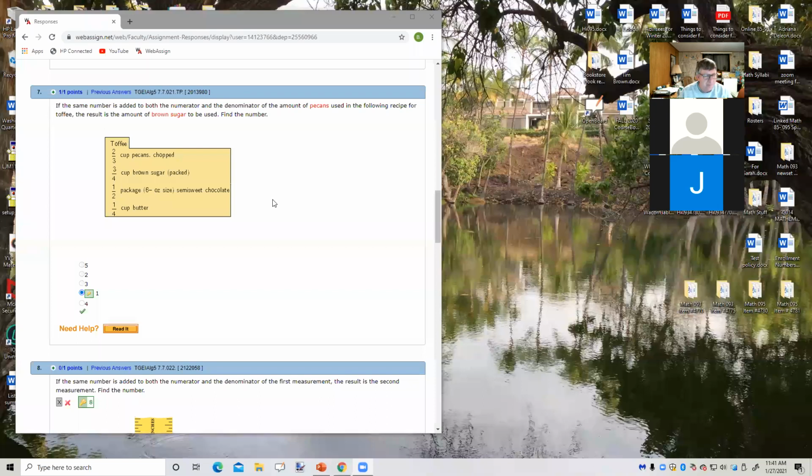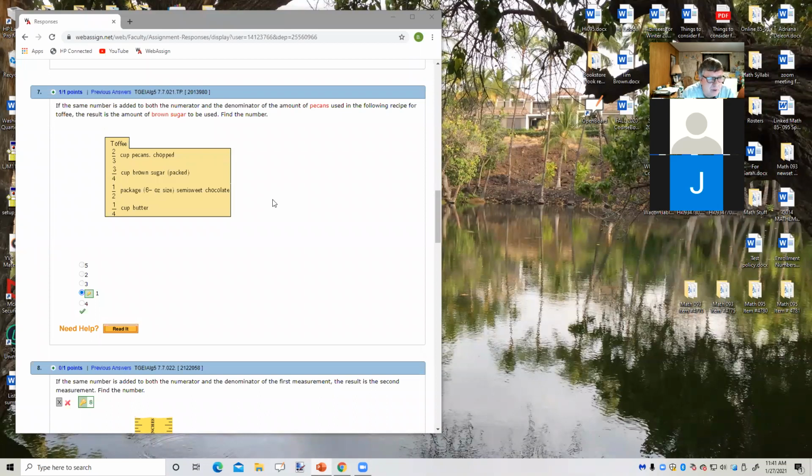All right, number 7. It says, if the same number is added to both the numerator and denominator of the amount of pecans used in the following recipe for toffee, the result is the amount of brown sugar to be used. Okay, so how much pecans? 2/3 of a cup. So we're going to start with a fraction 2/3.